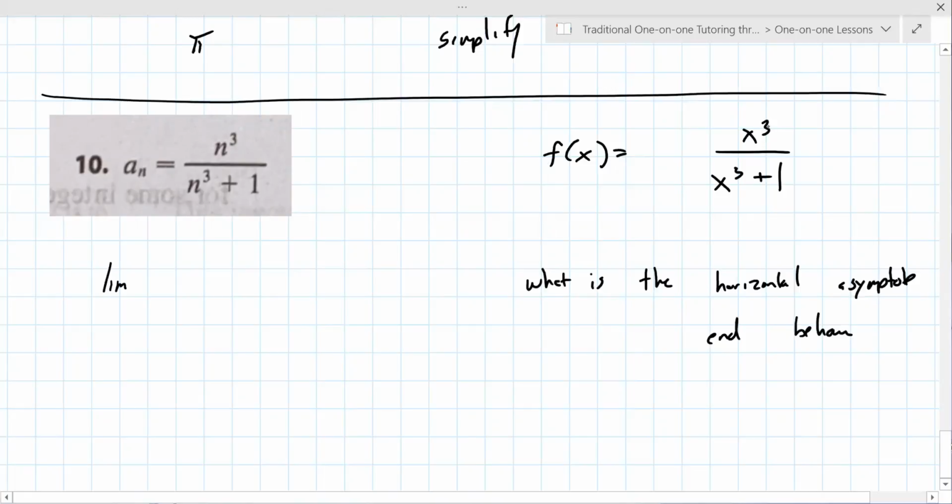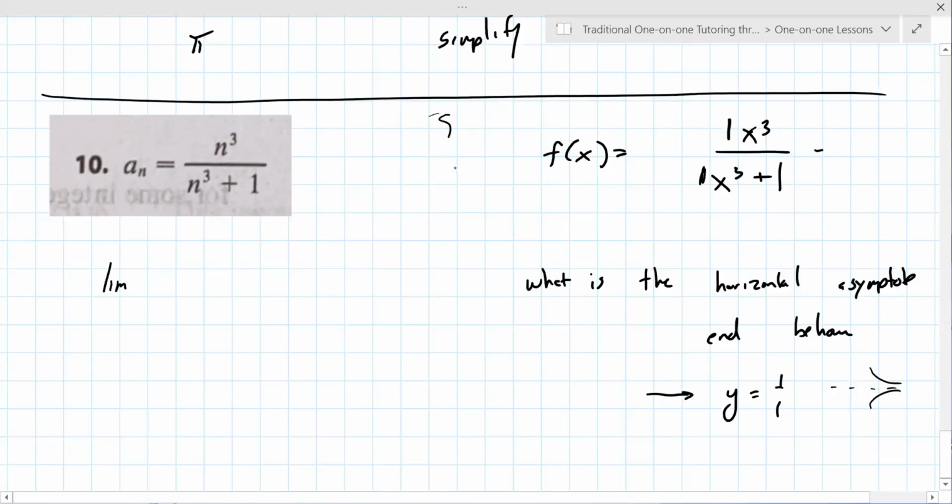You would tell me, well, the degree of the numerator is the same as the degree of the denominator, so the end behavior is the ratio of the leading terms. So if you were to graph this thing, you would see that it goes to y equals 1 over 1. There's a horizontal line there, and it approaches it.